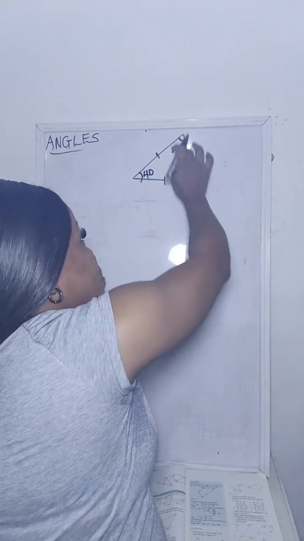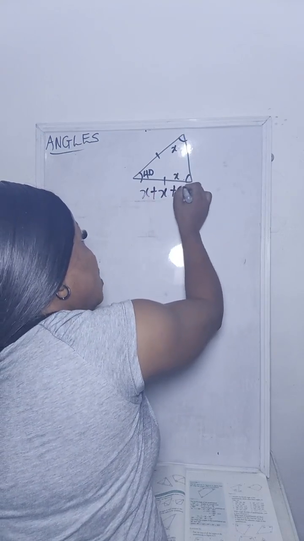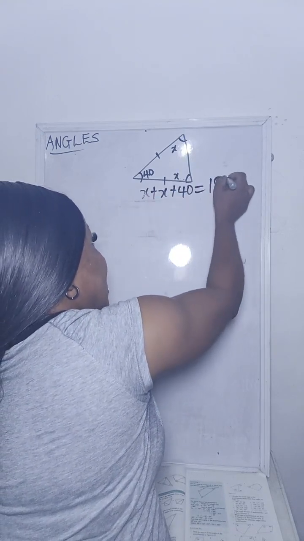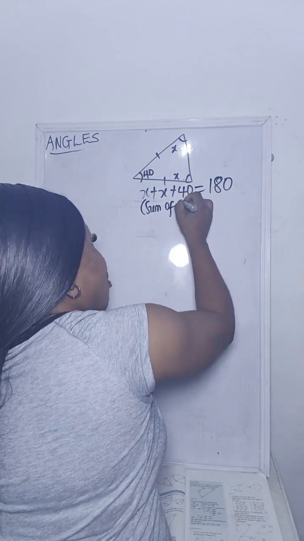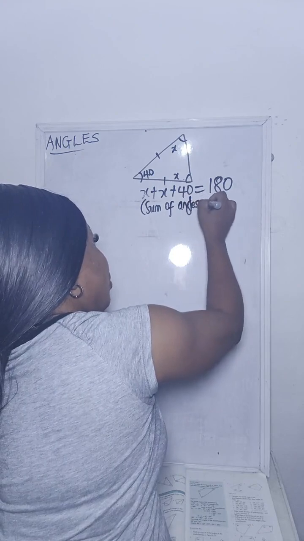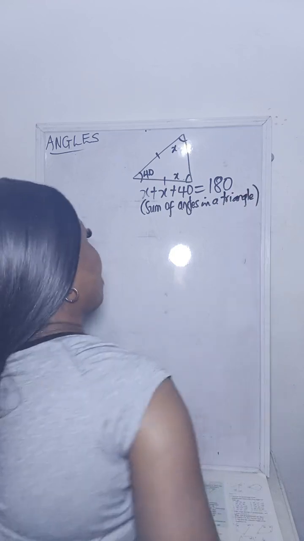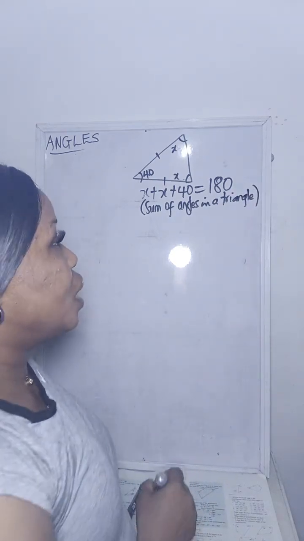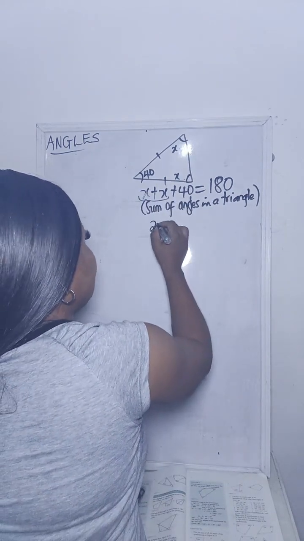So this is an isosceles triangle, so the base angles are equal. So x plus x plus 40 equals 180 degrees. That is, the sum of angles in a triangle is equal to 180 degrees. Pardon my handwriting. So x plus x is 2x.